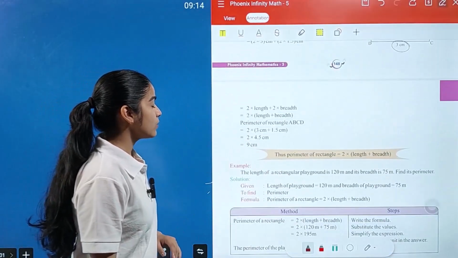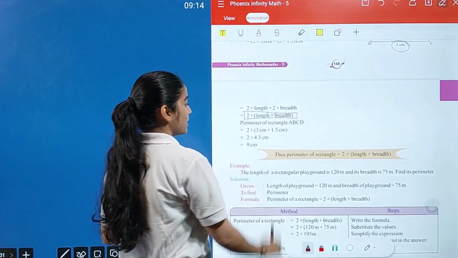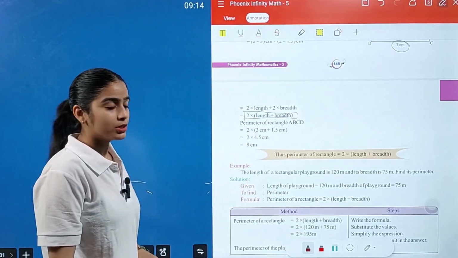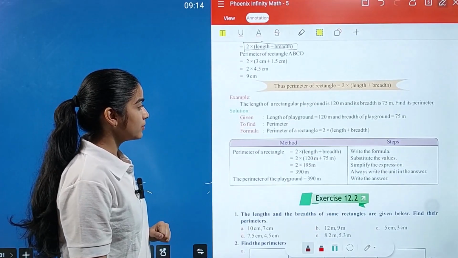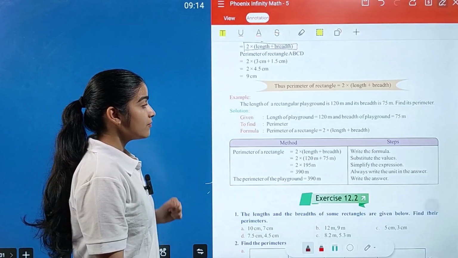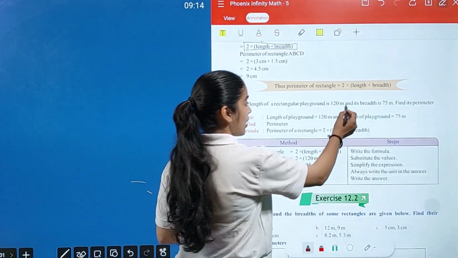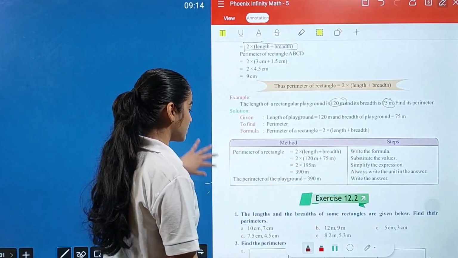So our formula is: length plus breadth, multiplied by 2, is equal to the perimeter of a rectangle. Next, the length of a rectangular playground is 120 meters and its breadth is 75 meters. Find its perimeter. You add them together and then multiply by 2. You will get your answer.